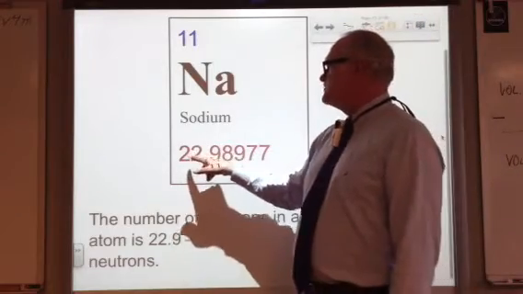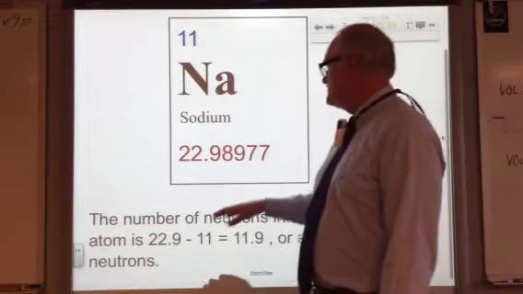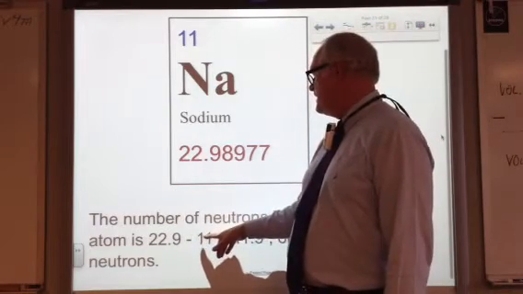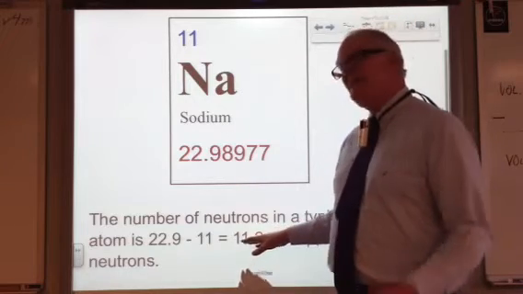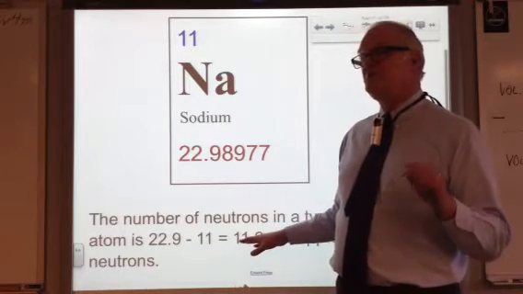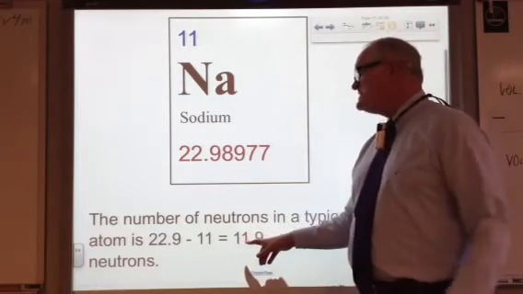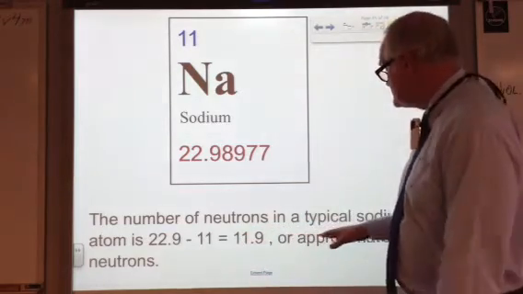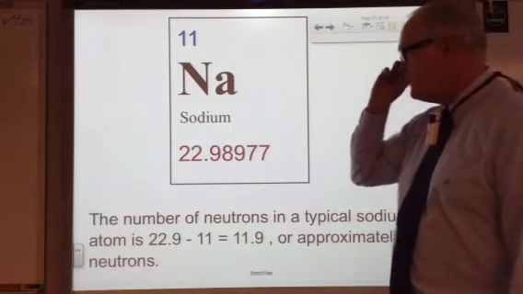One sodium atom weighs 22.98977 AMUs. If we take away the atomic number, 11, we end up with 11.9. Well, that can't be the number of neutrons. We can't have part of a neutron. But it does tell us that a typical sodium atom has approximately 12 neutrons in it.